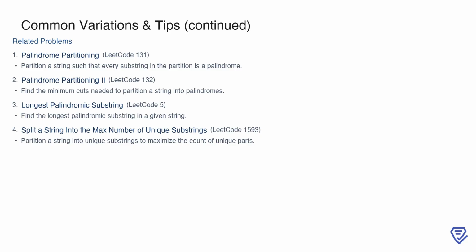Longest Palindromic Substring, problem 5, focuses on identifying the longest palindrome within a string. Finally, problem 1593, Split a String Into the Max Number of Unique Substrings, challenges you to maximize the count of distinct substrings in a partition. These problems share overlapping techniques and concepts, making them excellent practice for honing your skills.